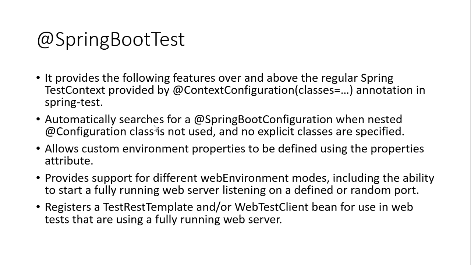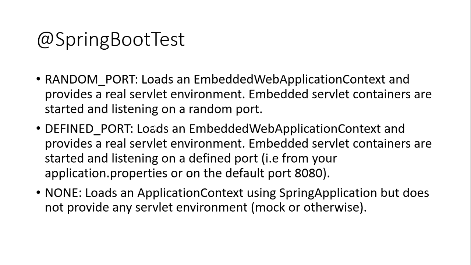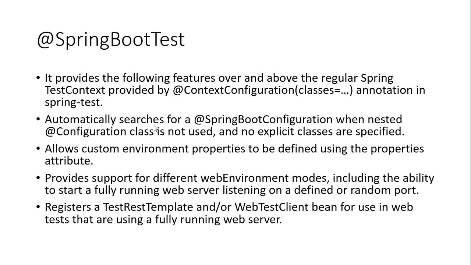It also provides support for different web environment modes, including the ability to start a fully running web server listening on a defined or random port. I just covered this point, right? We can kick off an embedded Tomcat server or whatever web server at either a defined port or a random port. This fourth point is the same one.